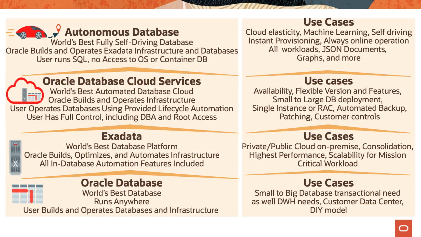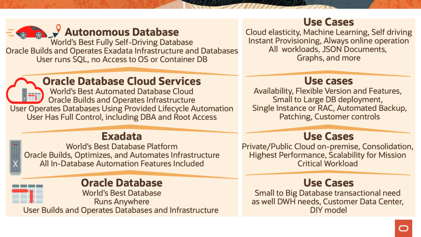So let's now look at the use cases for these services that I just talked about. Autonomous Database is the world's best fully self-serving database. Oracle builds and operates Exadata infrastructure and databases. The user runs SQL without any access to the operating system or the container database.